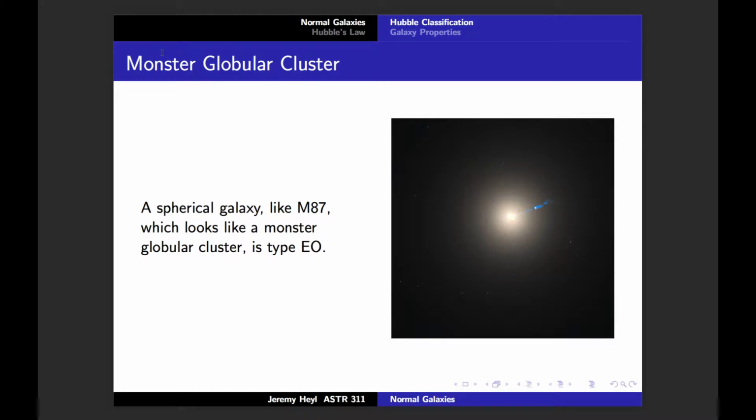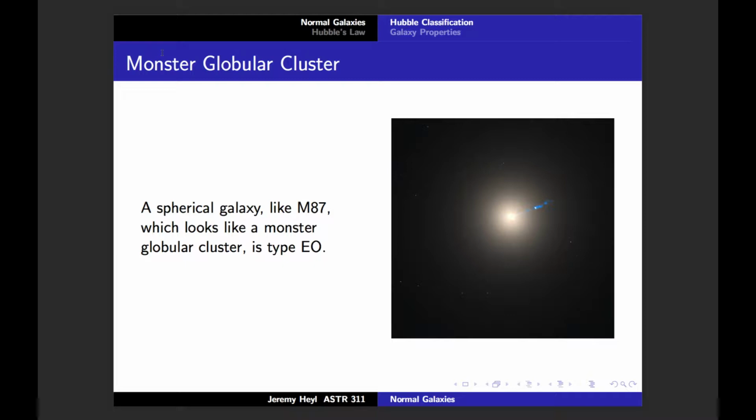I'm going to turn out the lights because we're going to be looking at pictures of galaxies, and they're kind of pretty, I think. Okay. So this is a galaxy, one of the largest galaxies in a nearby cluster of galaxies, and we'll learn about that. Just like stars are in clusters, so are galaxies. And this galaxy is an elliptical galaxy.